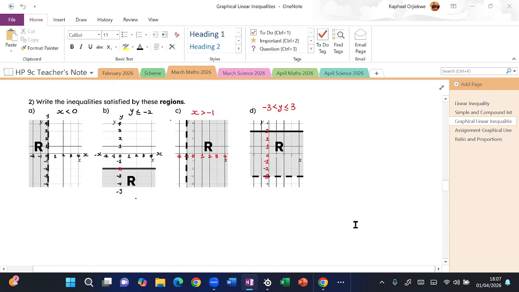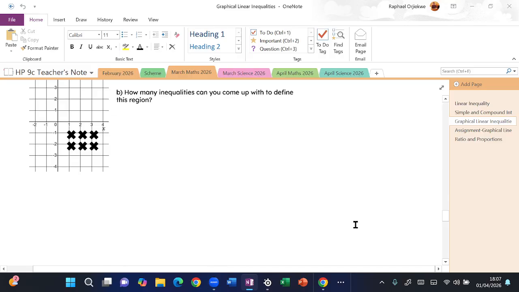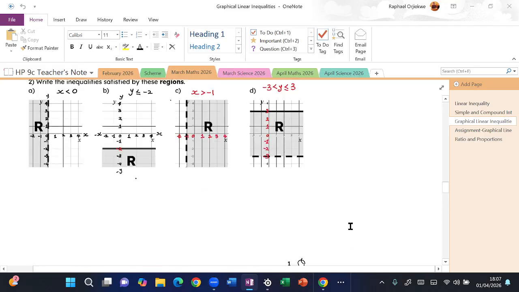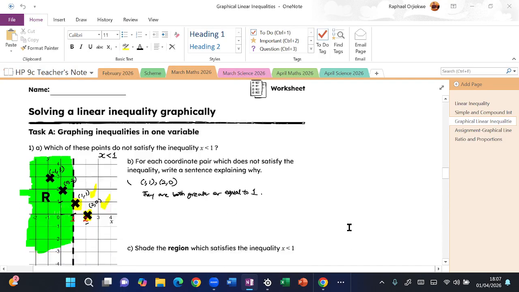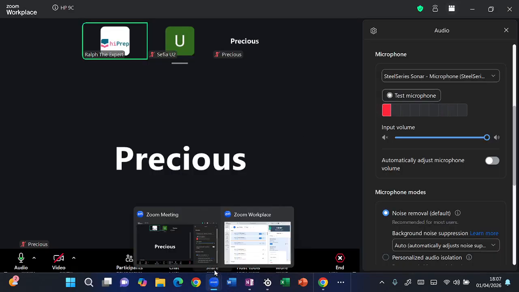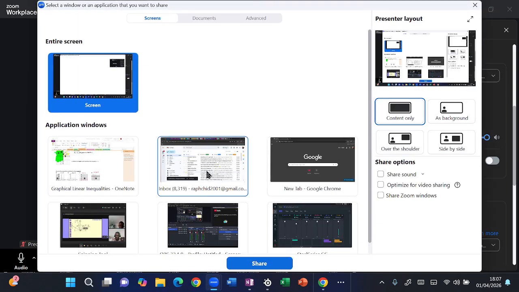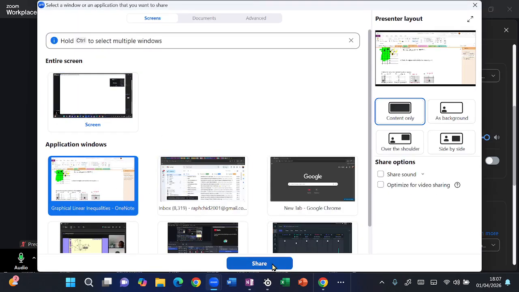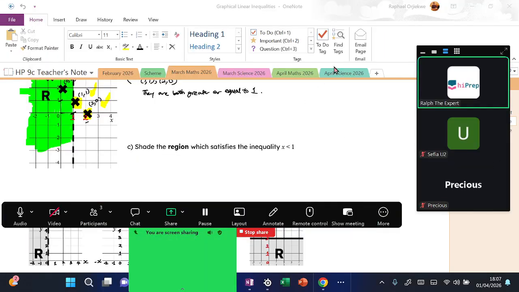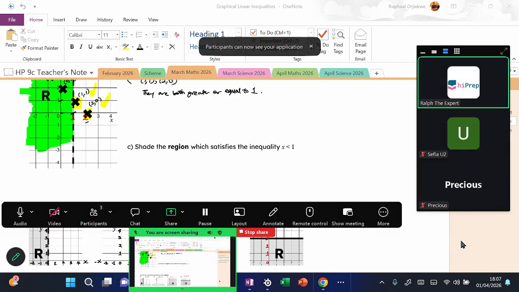Let me share my screen. Please, I will need active participation here. I believe we can see. Okay, I'm sharing already. So probably in a moment we should be able to see the screen.